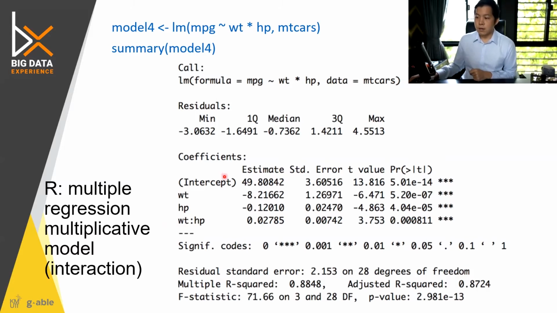And you can notice that the R square increased further. That means including interaction explains this relationship better than not including interaction.